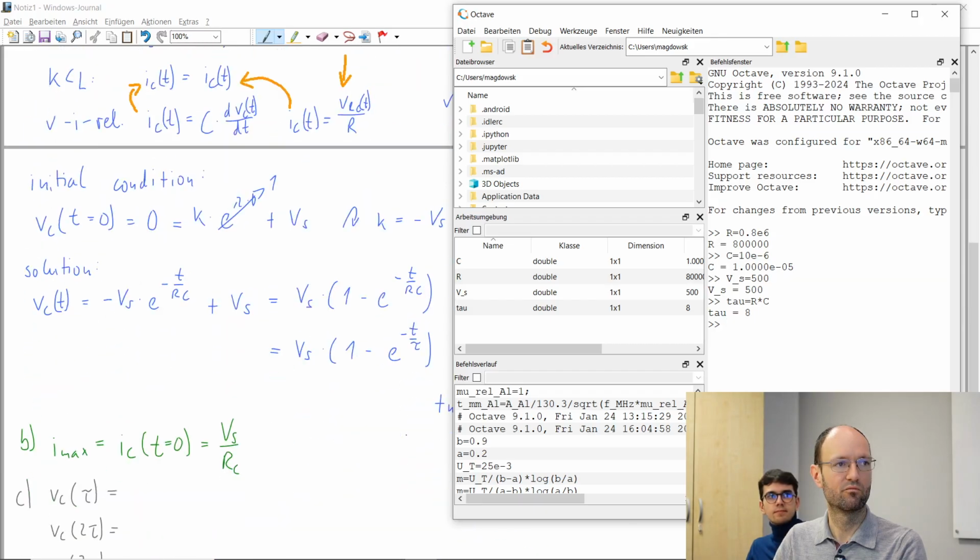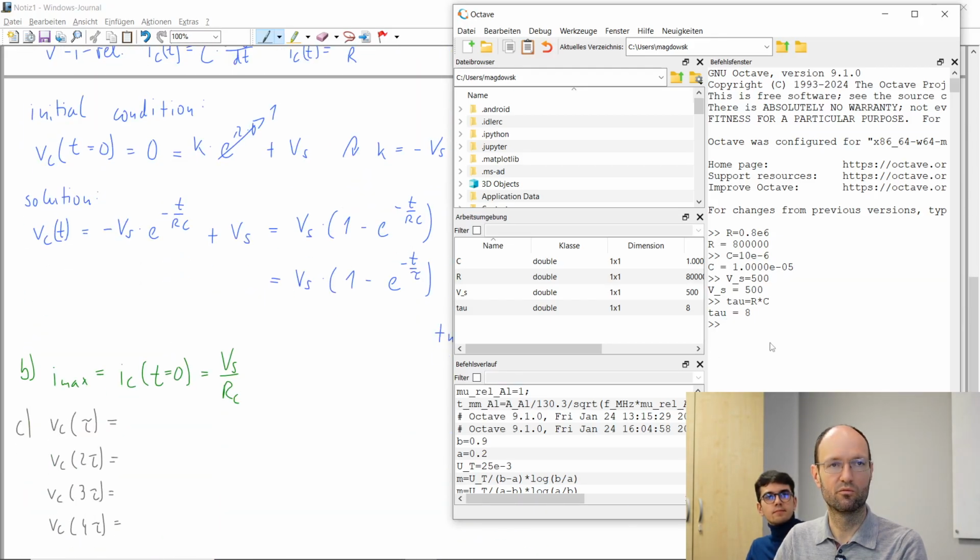And so then we can say the time that we are interested in is 1, 2, 4 times tau. So we get multiples of tau. And this is what we can just insert into our equation here.